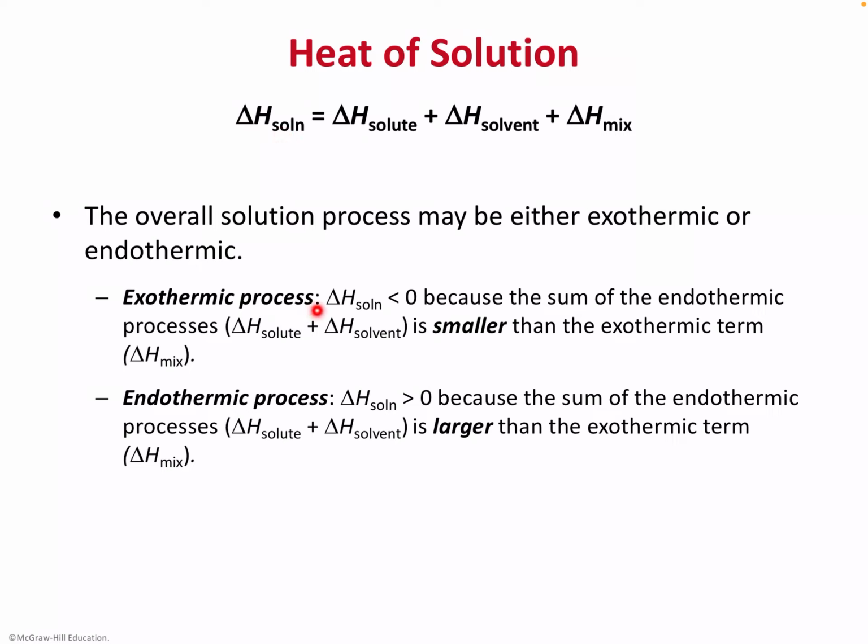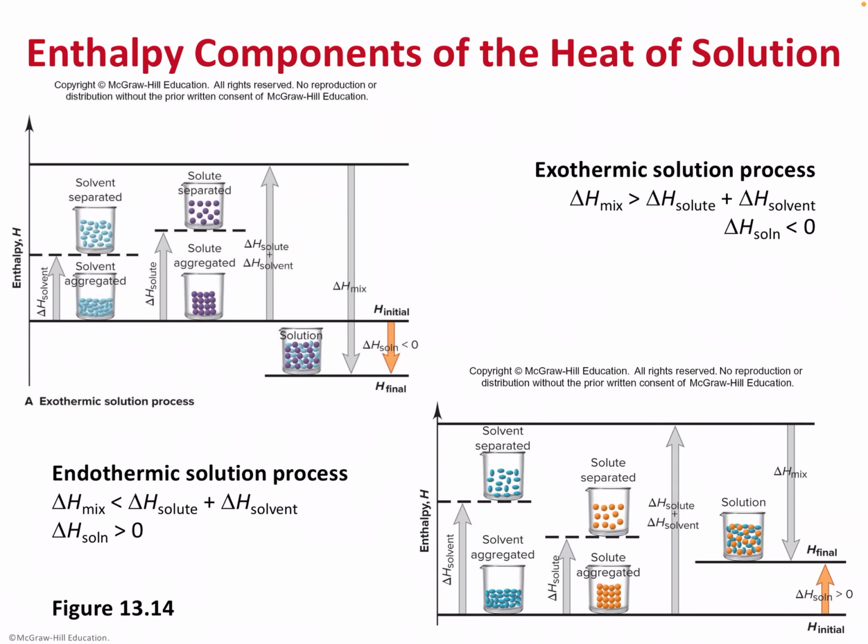So in an exothermic process, delta H solution is less than 0 because the sum of the endothermic processes, which is delta H solute and the solvent, is smaller than the exothermic term, delta H mix. In an endothermic process, delta H solution is going to be greater than 0 because the sum of the endothermic processes, delta H solute and the solvent, is larger than the exothermic term. So when you are mixing a solute and a solvent, it could either be exothermic or endothermic overall.